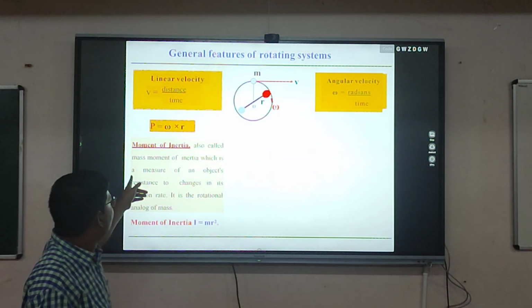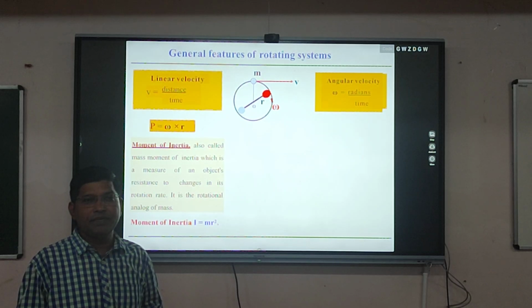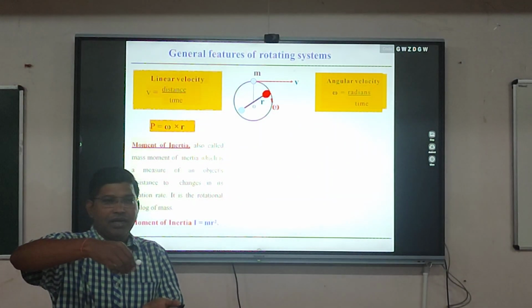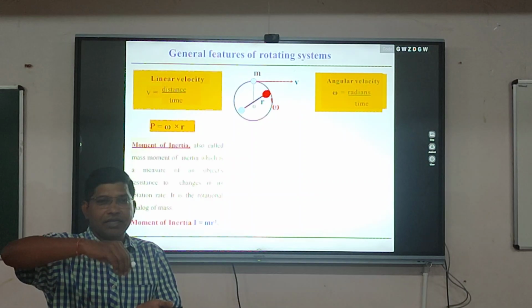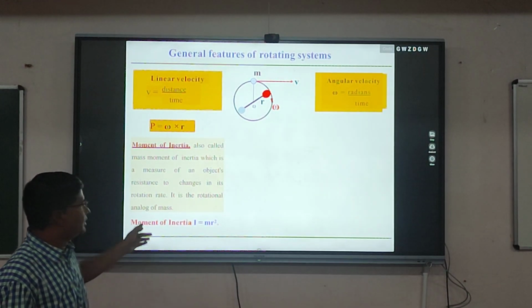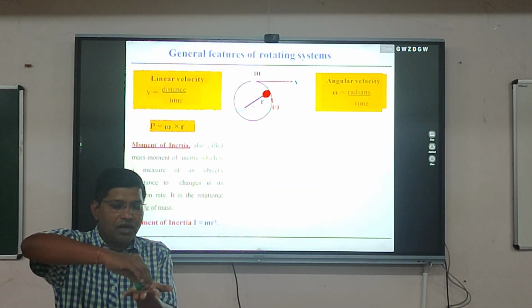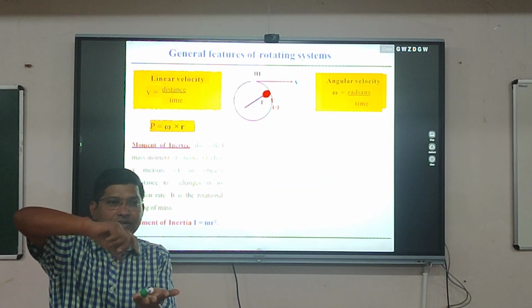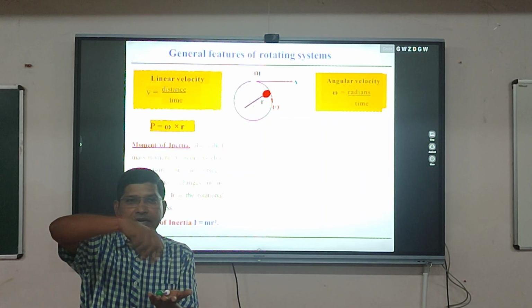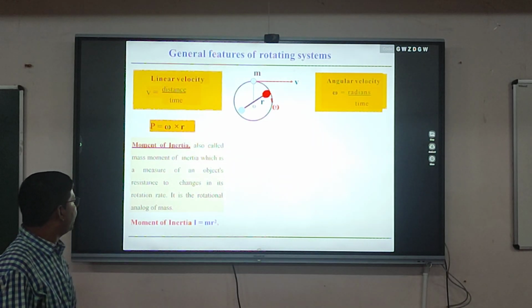So that is called moment of inertia. The moment of inertia is the resistance of a body when we start to rotate any molecule or any system. Or in another way, we can say it is the amount of torque, the force required to rotate any molecule on any axis.